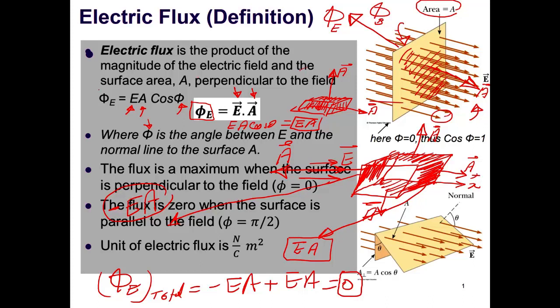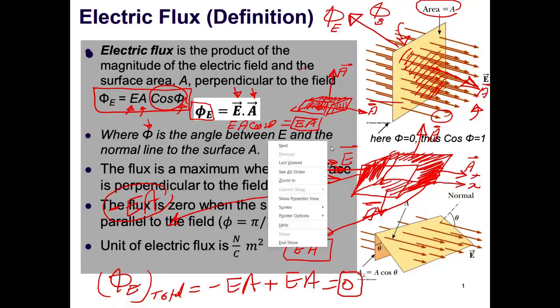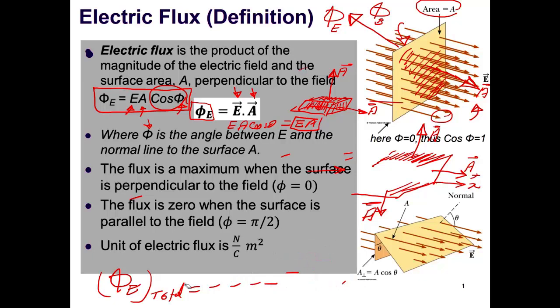Okay, coming back to the dot product. You know from simple calculus that cosine has a minimum value of 0 and maximum value of 1, which means flux could go to the maximum value or to the minimum value, depending on the angle. Let me clean up this mess a little bit. Flux usually goes to the maximum when the surface is perpendicular to the field.